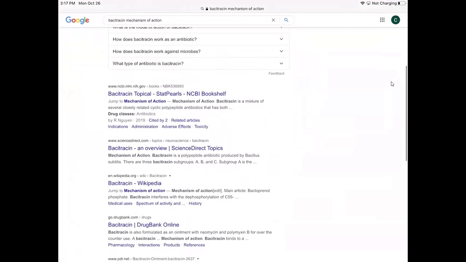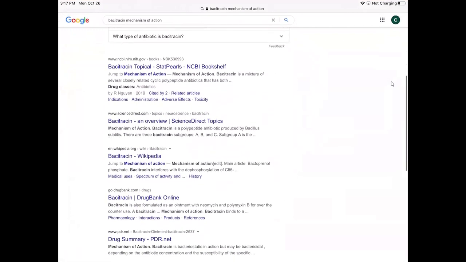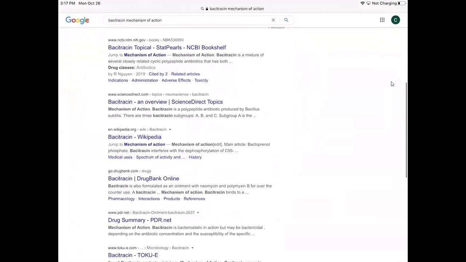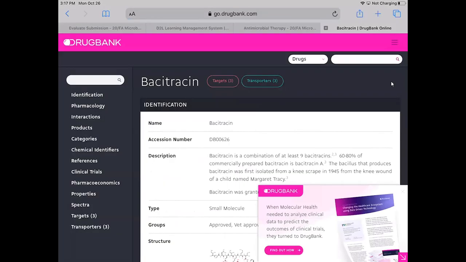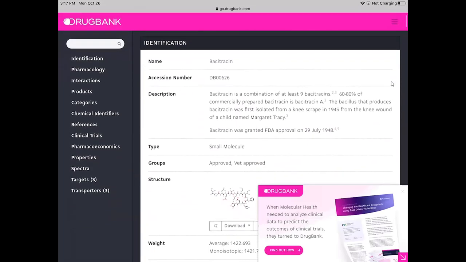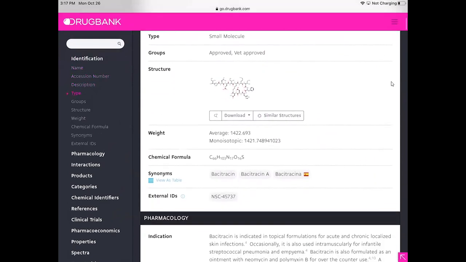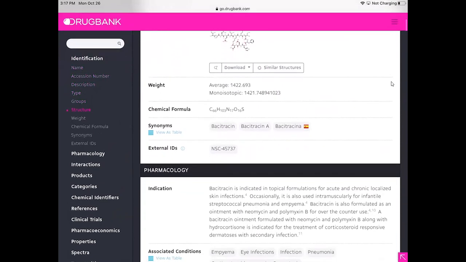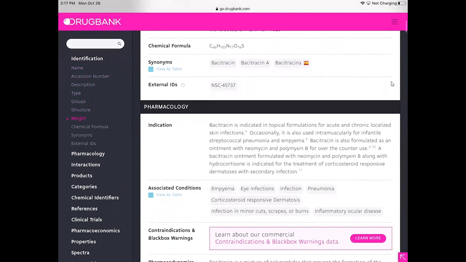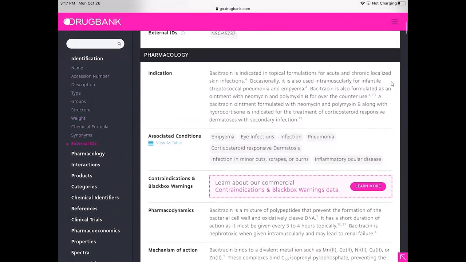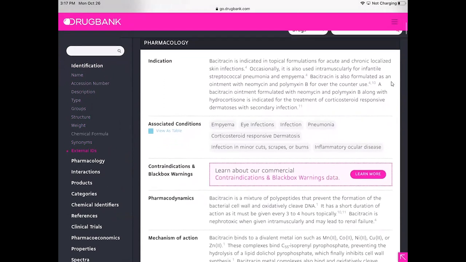So are bacitracin and polymyxin not the same thing? Polymyxin is one thing, and bacitracin is polymyxin and something, like Neosporin. Yes, bacitracin is also formulated as an ointment with neomycin and polymyxin B. So it's a mixture.